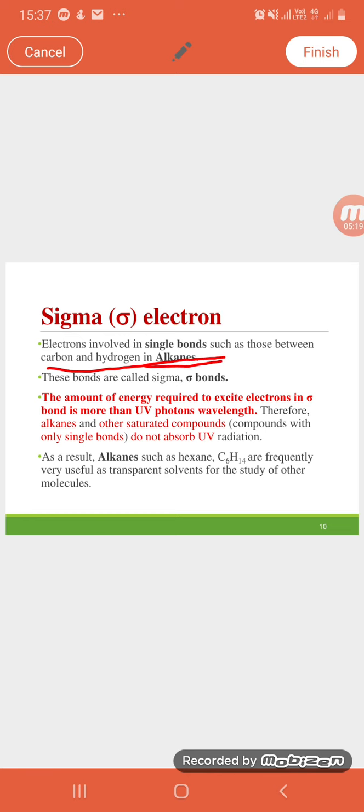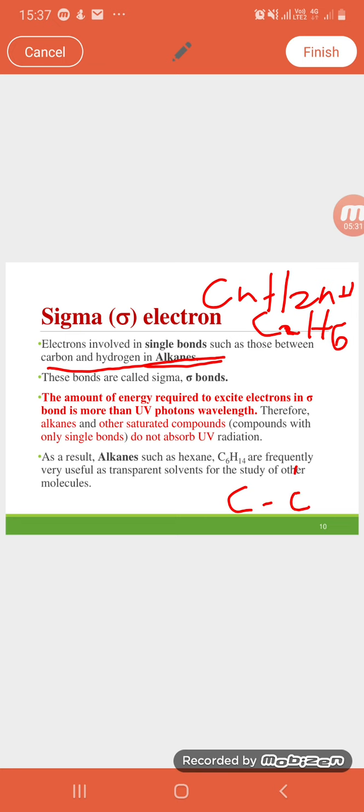Alkane, for example, CnH2n+2, C2H6 for example. If you draw this C2H6, 1, 2, 3, 4, 5, 6, all are single bonds. So they contain sigma electron. And this sigma electron is a strong bond.